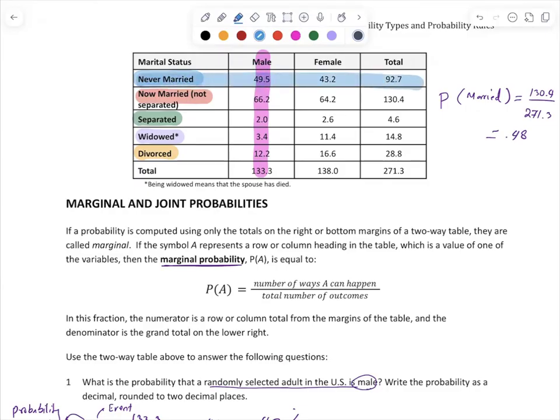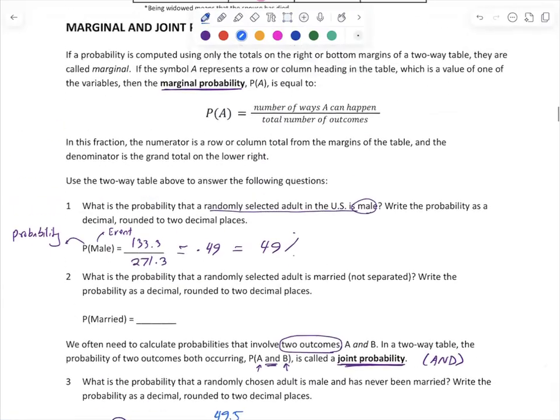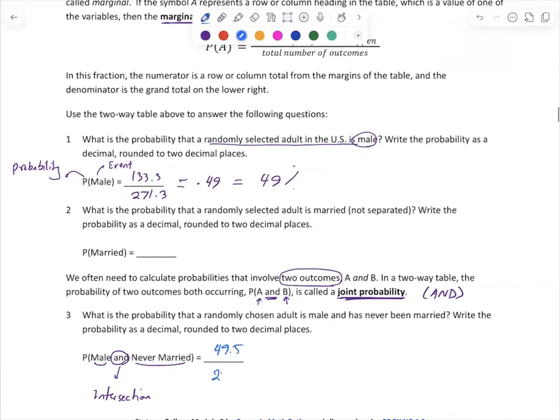So the intersection between these two is 49.5. 49.5 goes on the numerator. What goes on the denominator? The total number of people that we have in our census, which is 271.3. So if you do a division, let me divide these two numbers. You get about 18%.